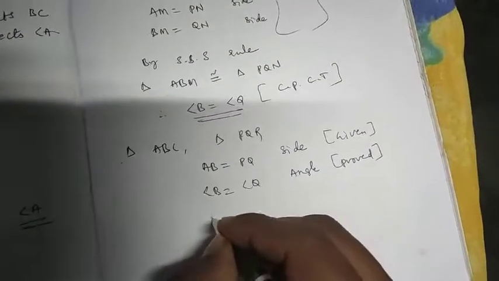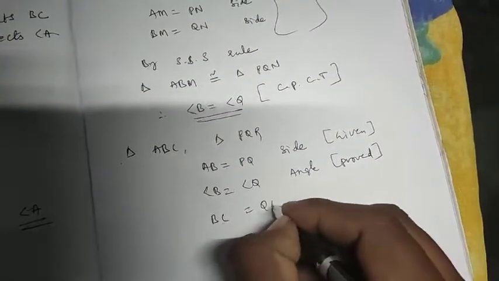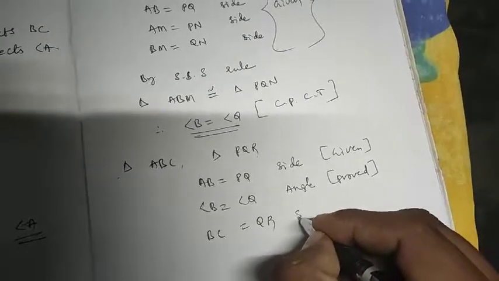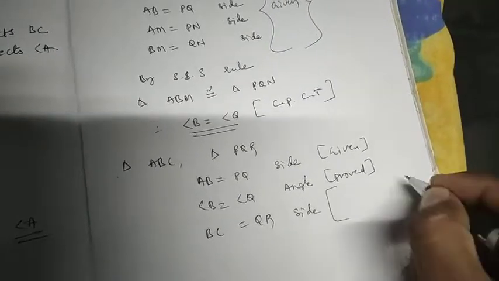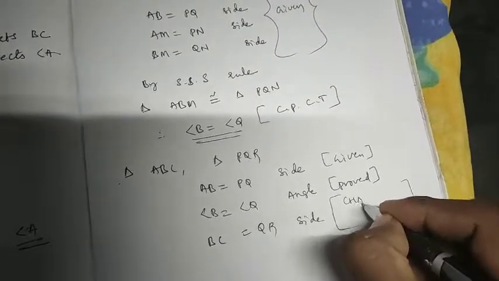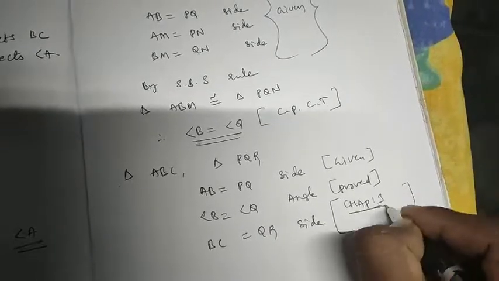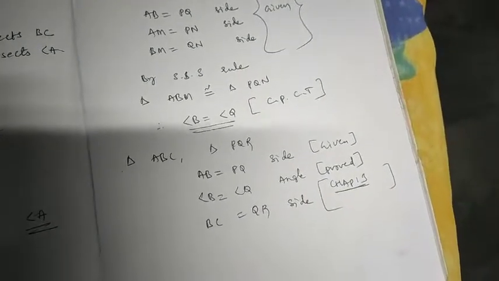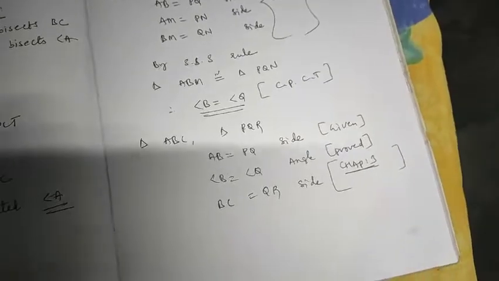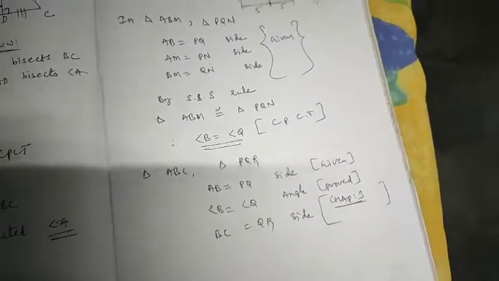So simply we'll write BC is equal to QR. And the reason comes from chapter 3. In chapter 3, one of the Euclid axioms tells that if halves are equal, their wholes are also equal.